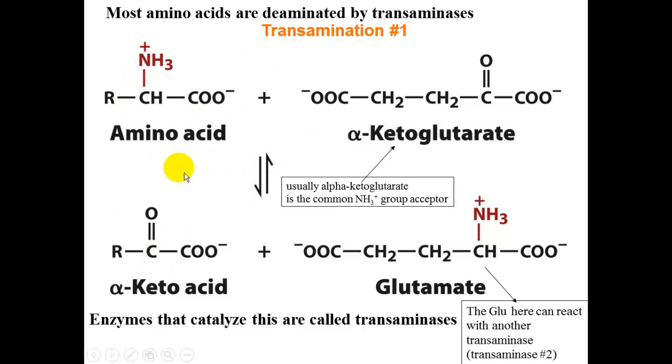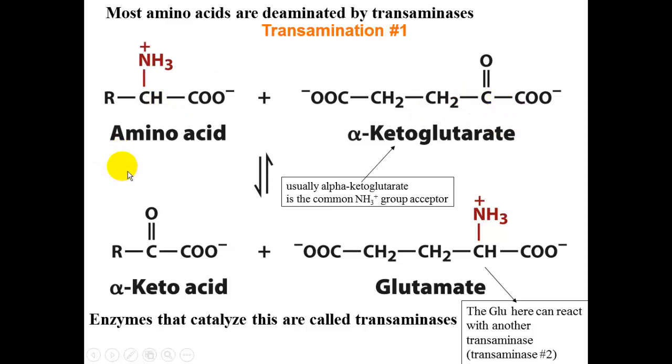So in the cell, we basically have the amino acid that's the designated nitrogen or amino group storage vessel, and that is the amino acid glutamate. So here we have transamination 1, again catalyzed by transaminases. They take an amino acid and it donates its amino group to the alpha keto acid, alpha ketoglutarate.